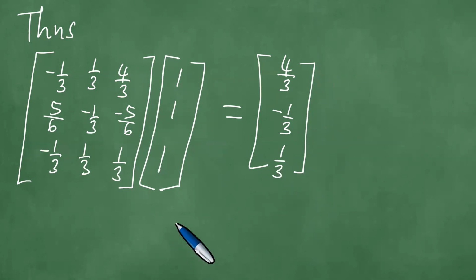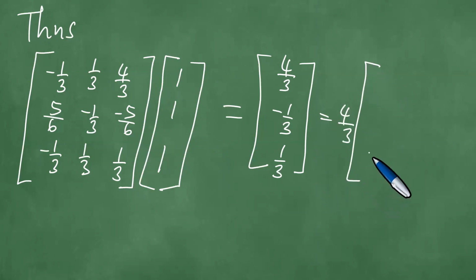Right, looking at this carefully, what we do is we pull out the dominant one, the biggest of the entries here. Which one is the biggest of the entries? It is 4/3. So we pull out the most giant, 4/3. Right, factoring out 4/3 is going to leave us with a 1.